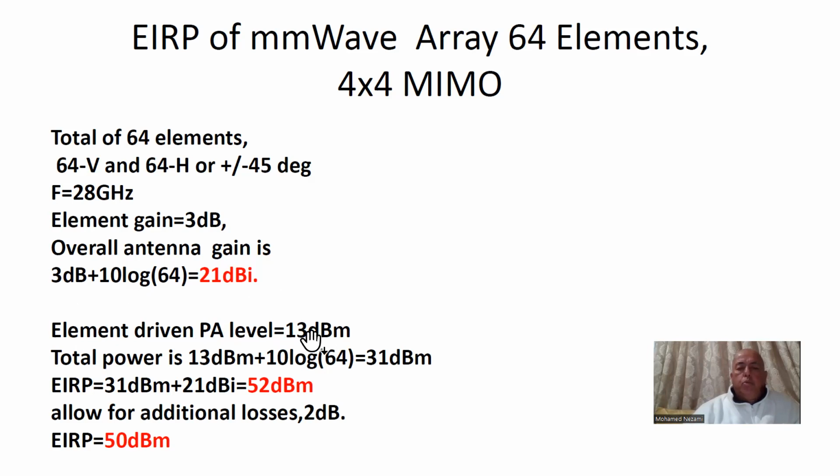Each one of those we're going to run at 13 dBm, which means the total power is 31 dBm from the entire panel. Now, take this number, add it to the array gain, and you get the EIRP, which is about 52 dBm. Let's assume we're going to have 2 dB allocated for losses for the antenna feed. So that means our EIRP is 50 dBm.